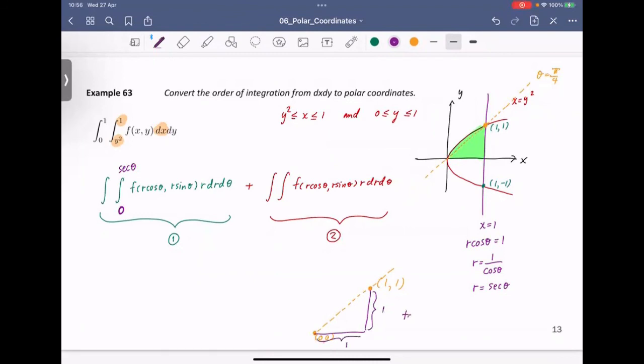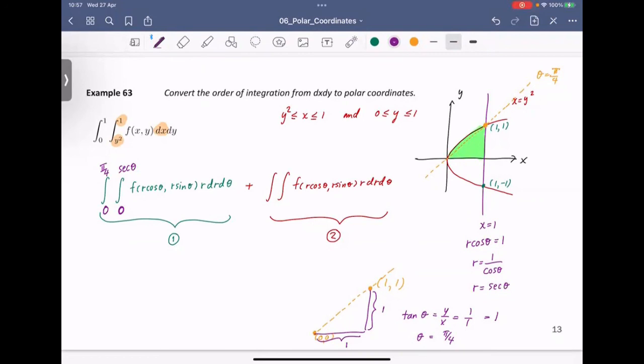So tan theta equals y over x, which is 1 over 1, which is 1. What angle gives tan theta equal to 1? That angle is pi over 4, or 45 degrees. So this gives you theta from 0 to pi over 4.